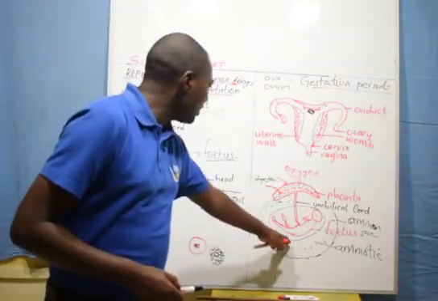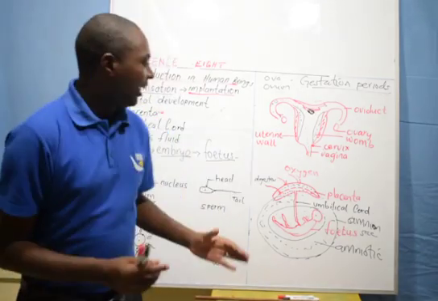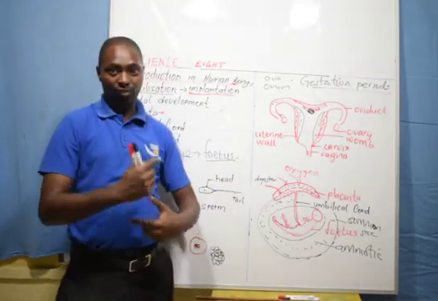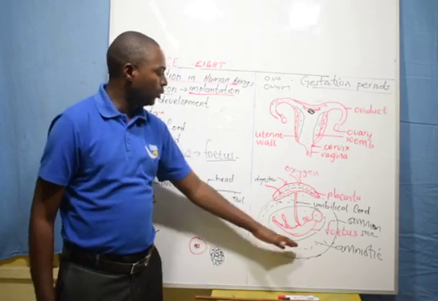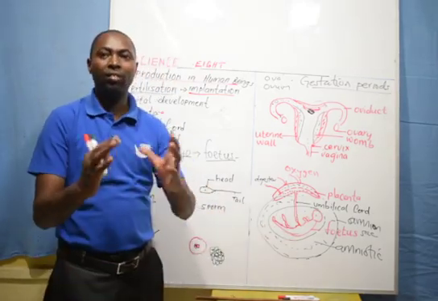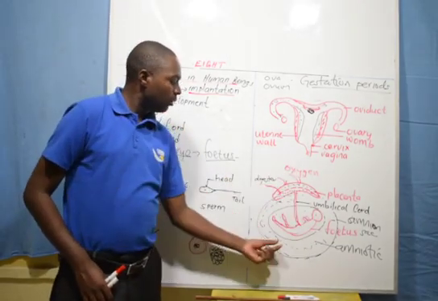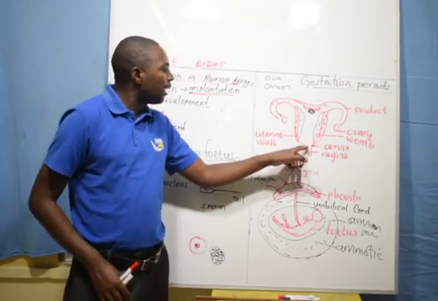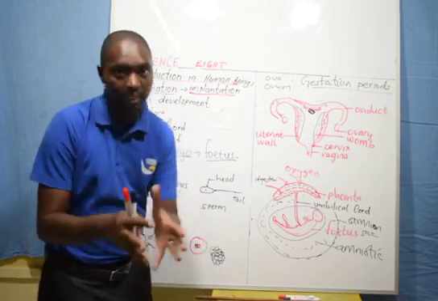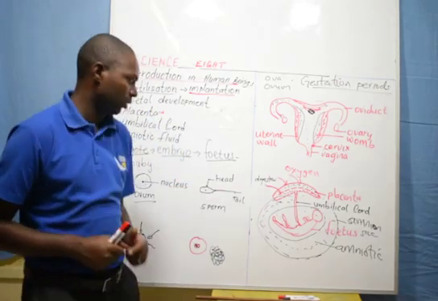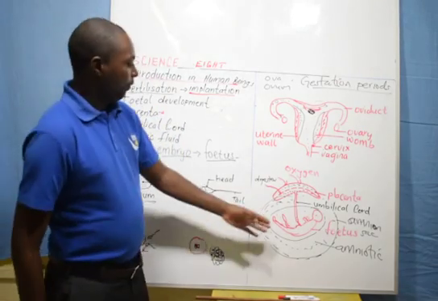What is the importance of this fluid? The fluid helps the fetus to rotate freely without any friction. Number 2, it maintains the temperature. It keeps the fetus warm. Number 3, during birth, it must flow before the baby so that it can lubricate the birth canal for easy delivery. It reduces friction during delivery.